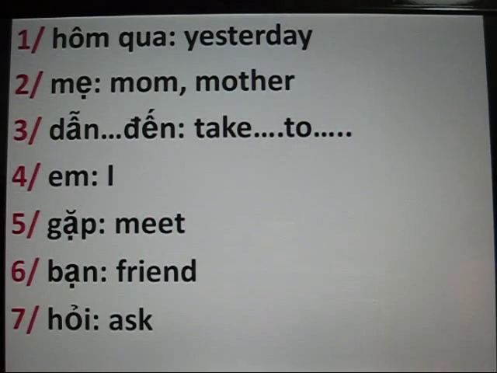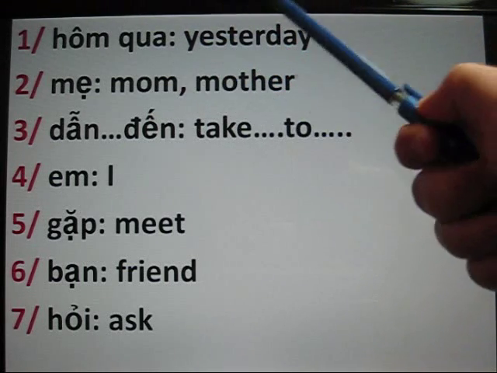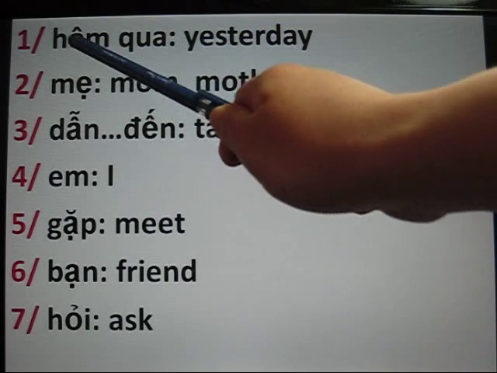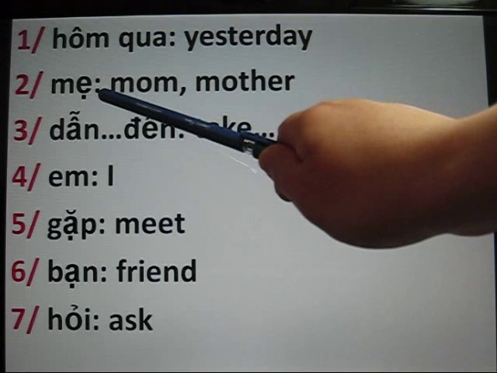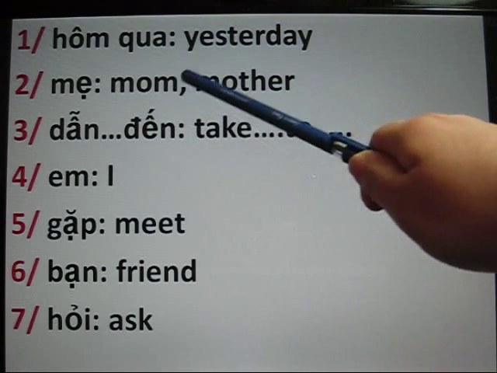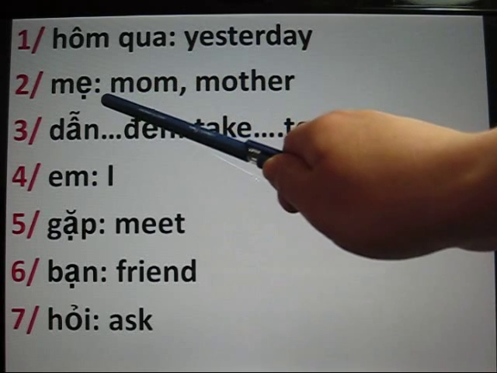Okay, and now we have some vocabulary for today. First, hôm qua is yesterday. Hôm qua is yesterday. One more time. Hôm qua. The second one, mẹ is mom or mother. You already know this word. Mẹ.